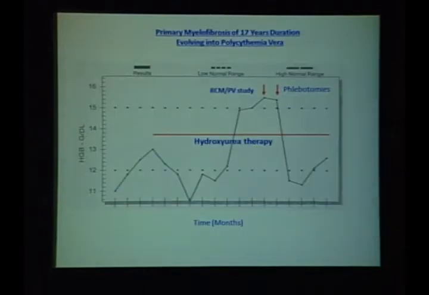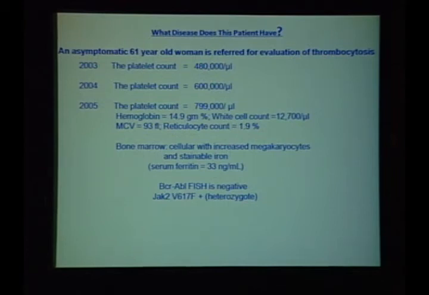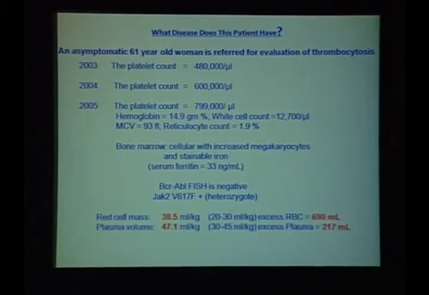Here's a patient who had primary myelofibrosis for 17 years, and all of a sudden, even on hydroxyurea therapy, the hematocrit went up. This was an evolution to polycythemia vera. And here's another patient, I'm going to cut to the chase in the interest of time, who had been watched over a period of years as their platelet count went up, had a complete workup.